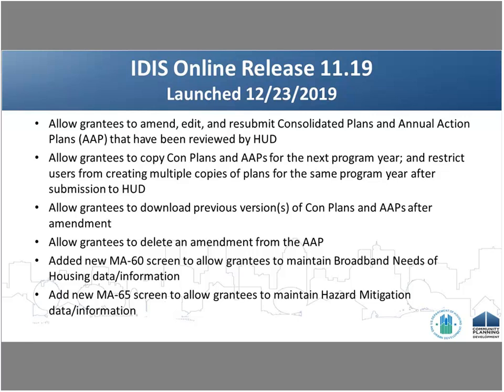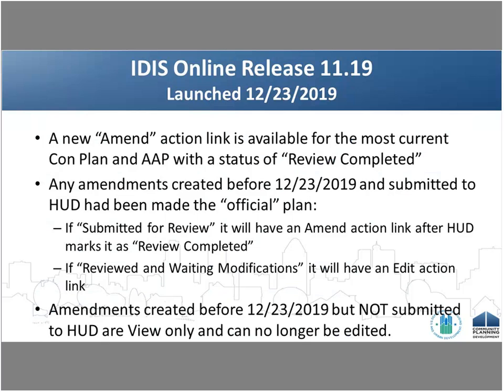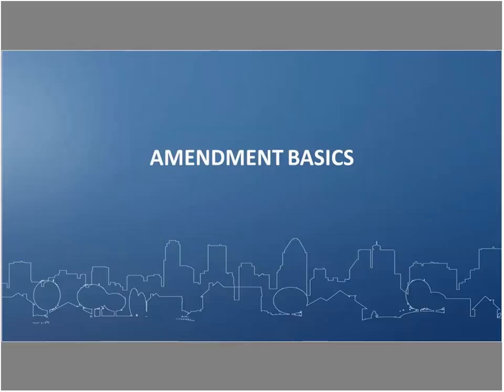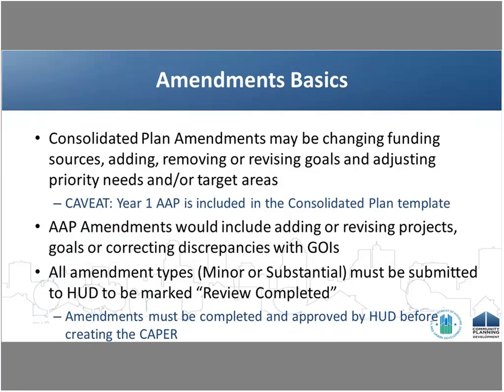Let's talk about amendments. When would a grantee want to amend their plan? Grantees may decide to take amendments anytime throughout the program year if there have been updates to funding sources, goals, projects, or any other corrections that they would like to make to their plan.